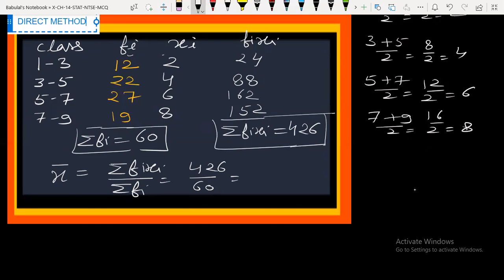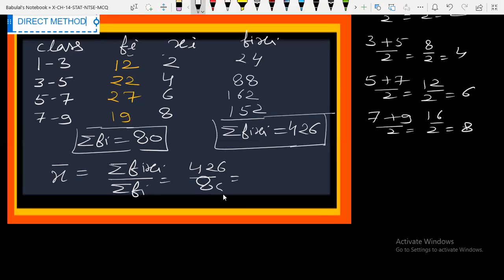426 by, sorry, I think again I have to add 12 plus 22 plus 27 plus 19. Sorry, students. This is not 60. This is 80. So you also have to divide this by 80.